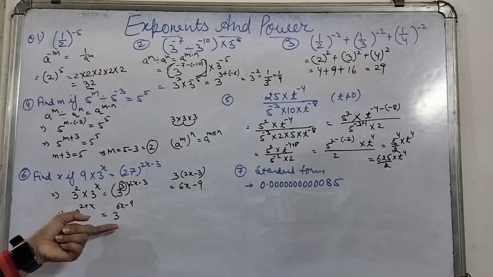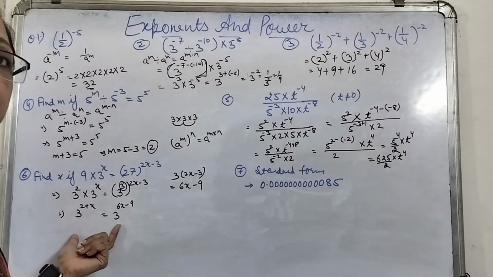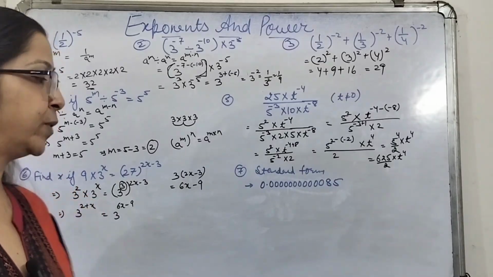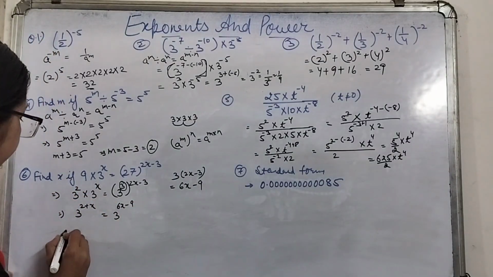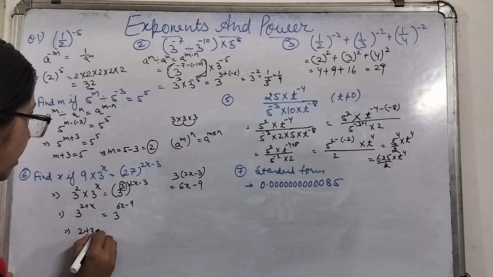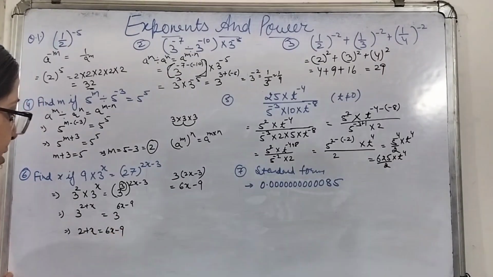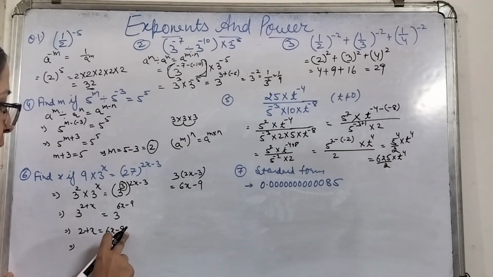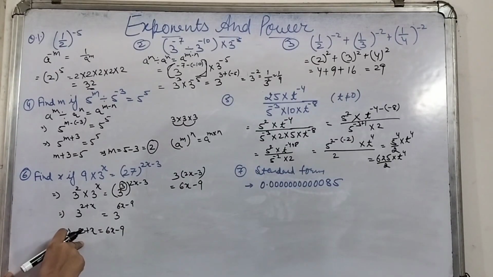Now in the LHS and in the RHS, bases are same. So it is possible when the powers are equal. So we will equate the powers. That's why 2 plus x will be equivalent to 6x minus 9. If we solve it further, we take this plus x over here in the RHS and this minus 9 in the LHS.